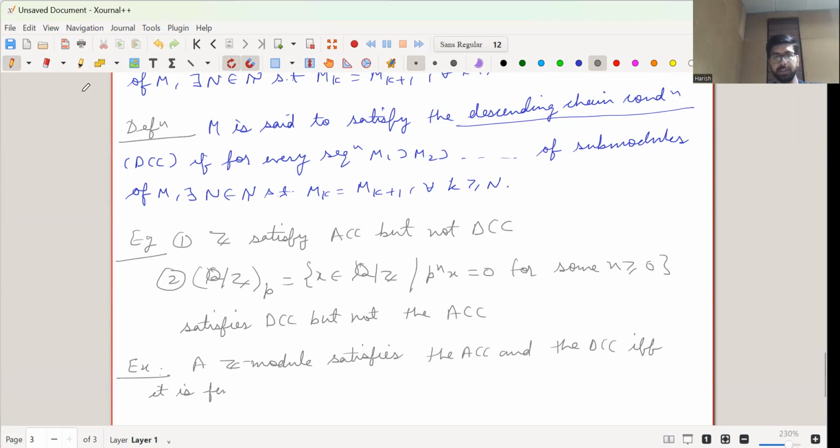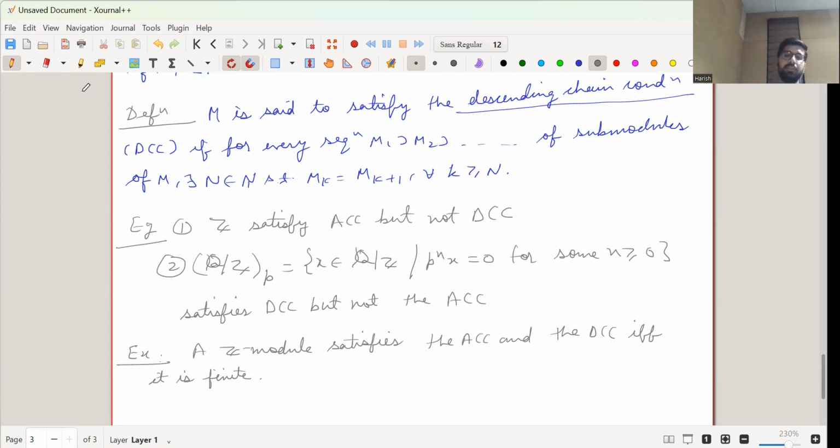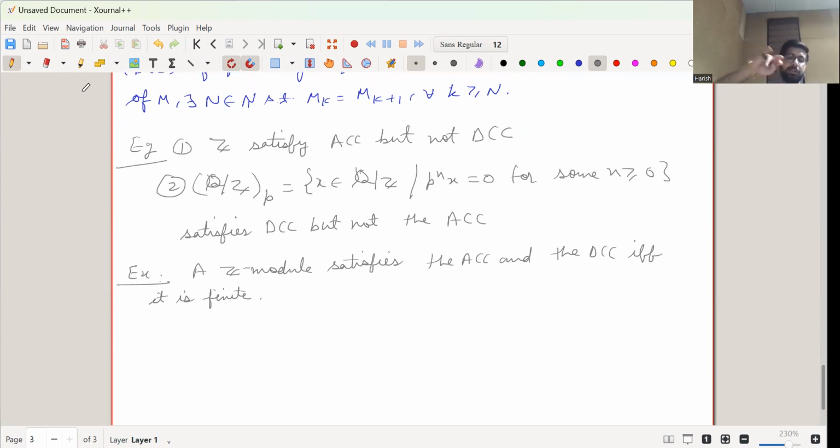So in the first two examples we have seen, here the DCC was not there and here ACC is not there, and both of them are infinite modules. And this exercise says that a Z module will satisfy both of them if and only if it is finite. Okay, so that's it from lecture 5.